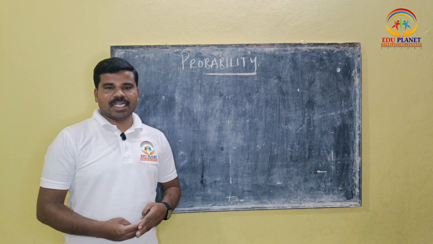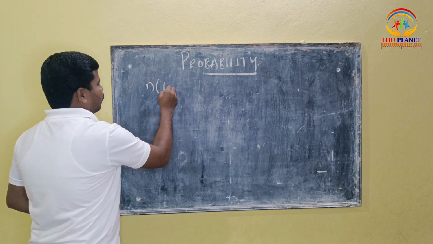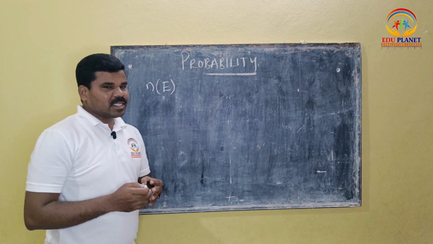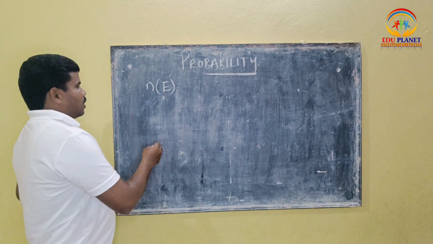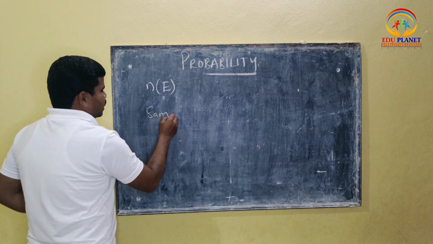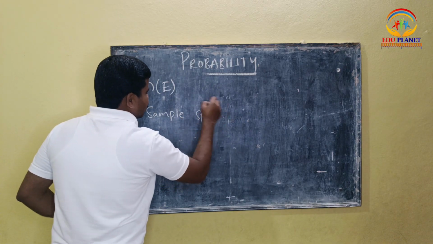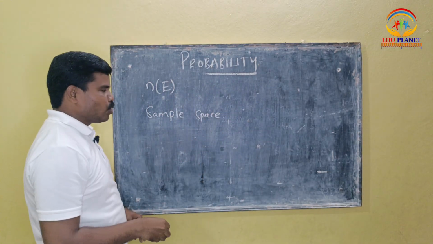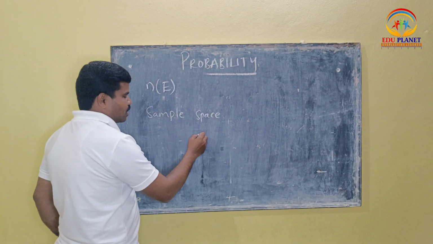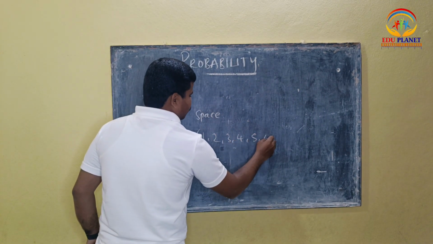You may notice that in the previous explanation, I have used n of E. What does it stand for? n of E stands for the number of outcomes in the sample space. When I roll a dice, in total how many outcomes am I going to get? 6 outcomes, 1, 2, 3, 4, 5, 6.